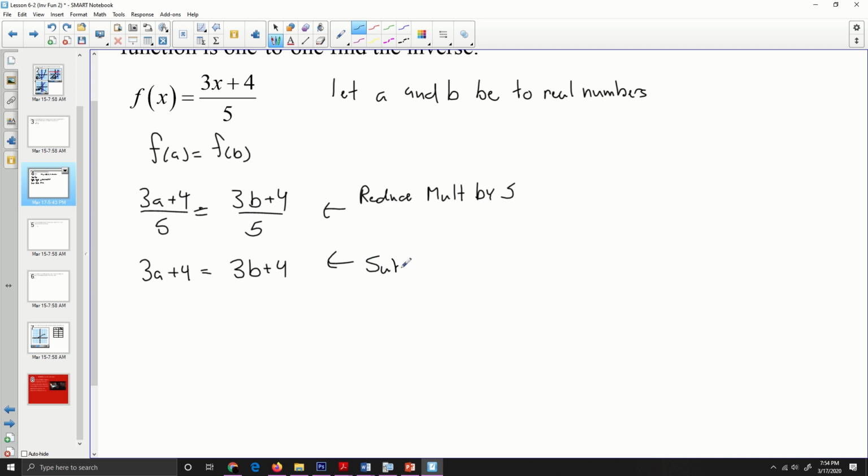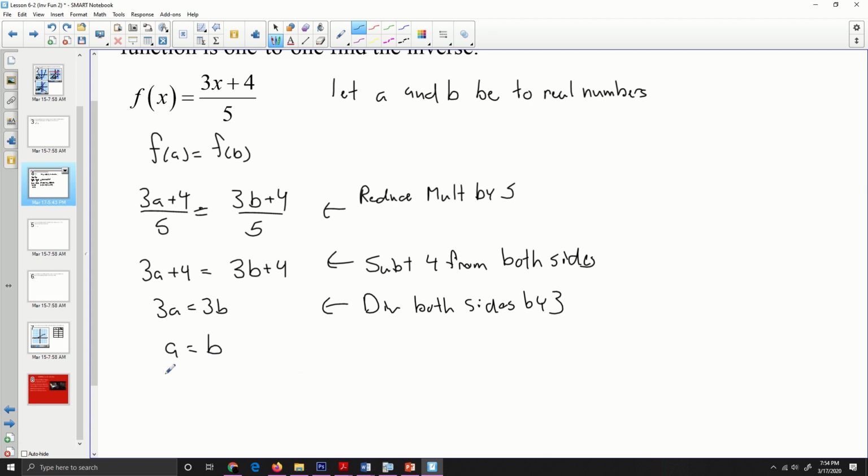And then we'll subtract 4 from both sides, and I'll get 3a equals 3b. And then we'll divide both sides by 3. I'll get a equal to b. And since these are distinct, f is one-to-one.